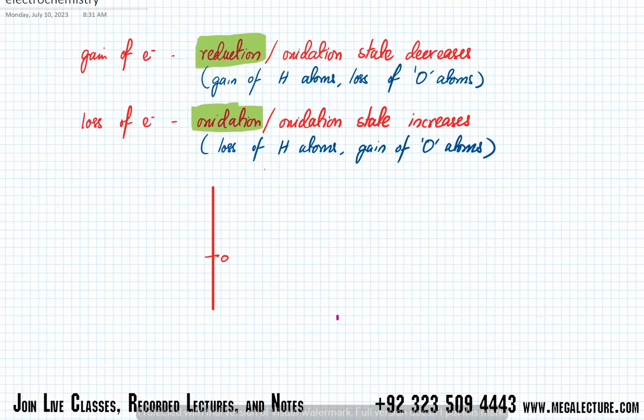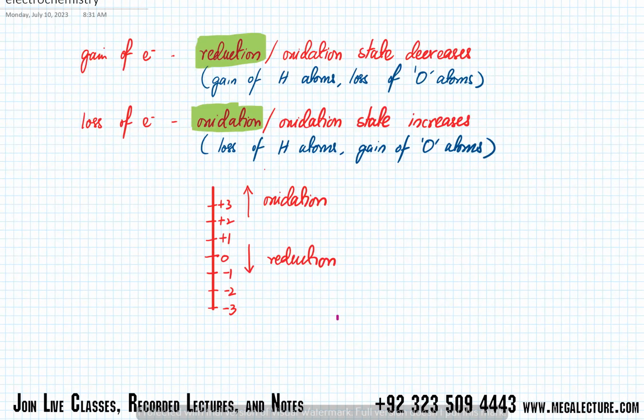This is 0, this is +1, +2, +3, and below that this is -1, -2, and -3. If you're going in the upward direction, that's oxidation. And if you're going in the downward direction, that's reduction. So that's a gain of electrons.